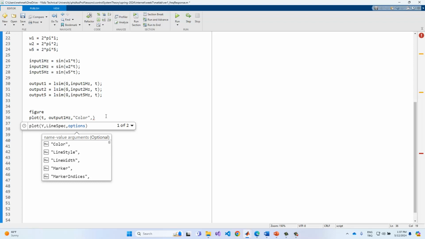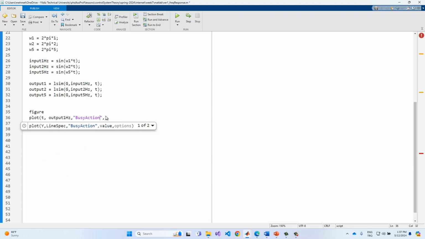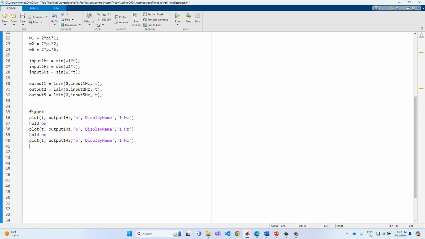Okay, and so this is the B, and display name should also be given in here as a legend, 1 Hertz. Okay, this must be 1 this time. And so hold on. We should copy these things in here just like this one, and so this is the red and this is the green.